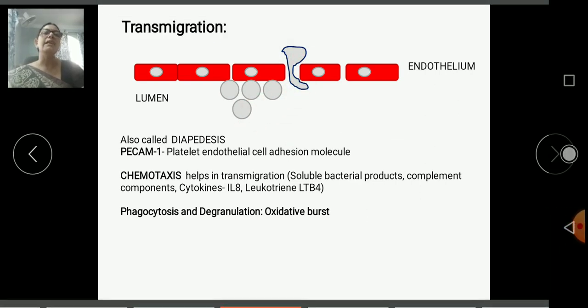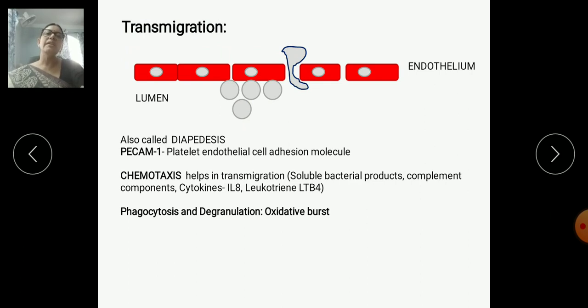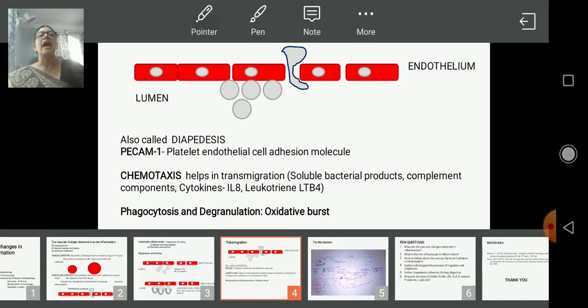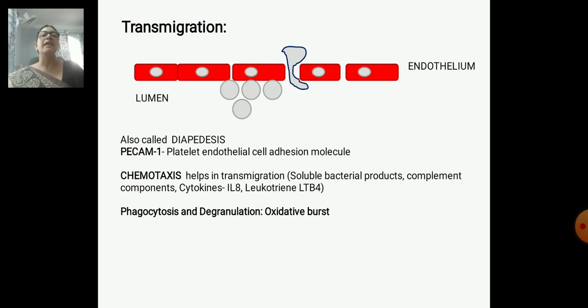The next step is, once they move, that is your WBC, once they move to the injured area, whatever foreign substance is present, they undergo phagocytosis. What is phagocytosis? They engulf the foreign substance and eat it up. And there is degranulation of the foreign substance.